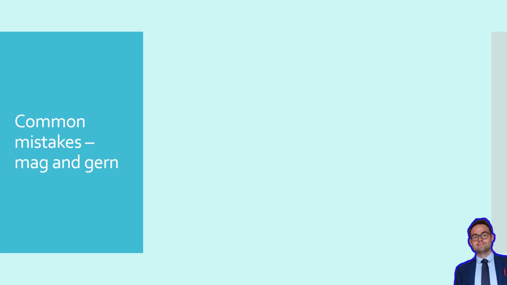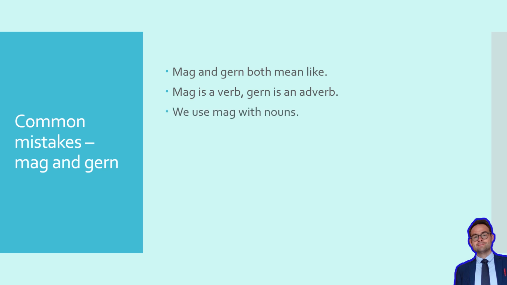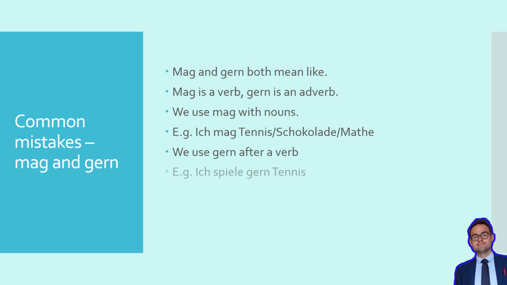Mag and gern, another classic. They both mean like, but they're slightly different words. Mag is actually a verb, whereas gern is an adverb. So how you use them in a sentence is different. So mag with nouns, like ich mag Tennis, or ich mag Schokolade, or ich mag Mathe. Whereas gern, we have to use it after a verb.